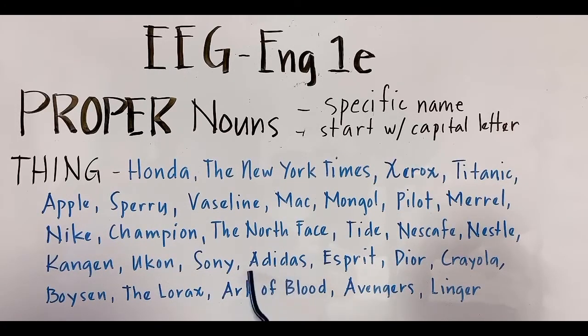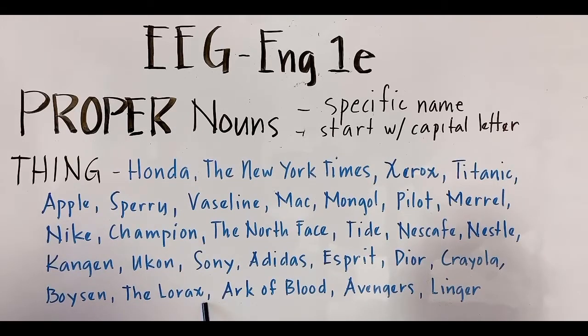Adidas can be your clothing or your shoes. Esprit, the name of your shirt, or it can also be the shoes. Dior can be cologne or apparel. Crayola, the name of crayons. Boysen can be the name of paint.